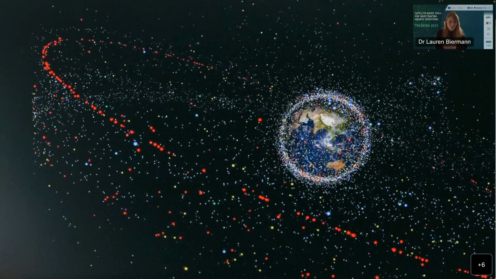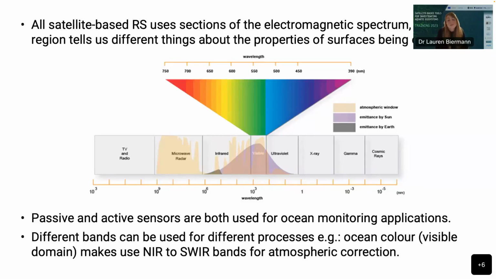And after a period of time, you know what's out there and you start to go, but there's so much out there, what do I actually use? But ultimately, as different or as unique as each of the sensors are, they are underpinned by similar physics. And that is that all of them utilize sections of the electromagnetic spectrum, and each region of the electromagnetic spectrum will tell us different things.